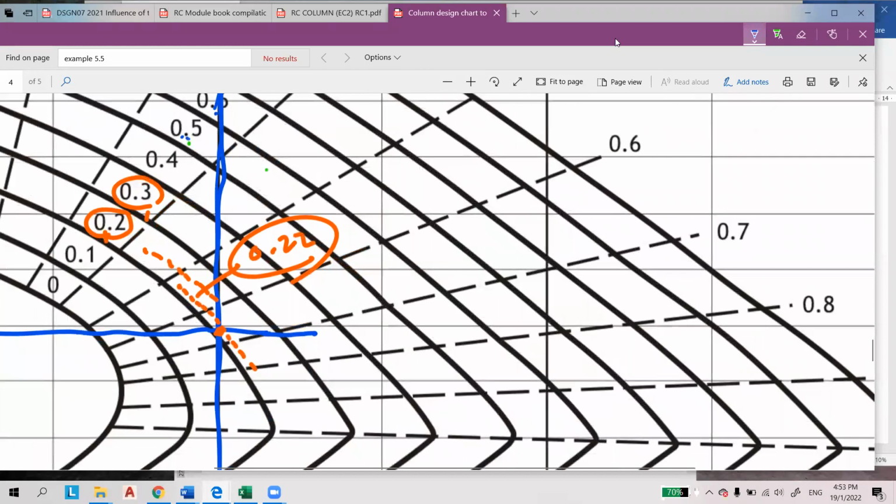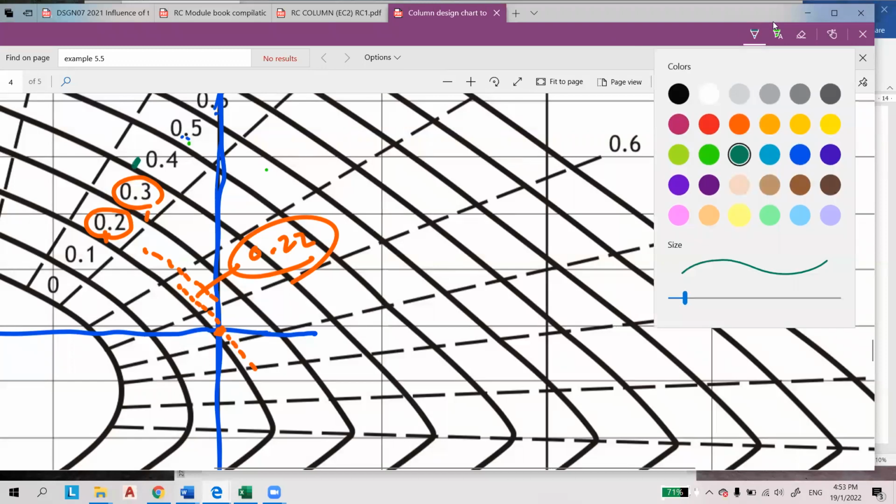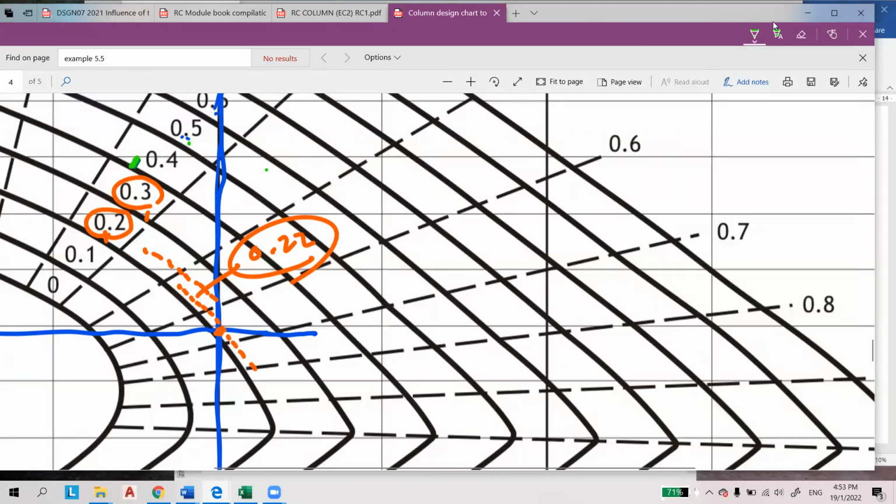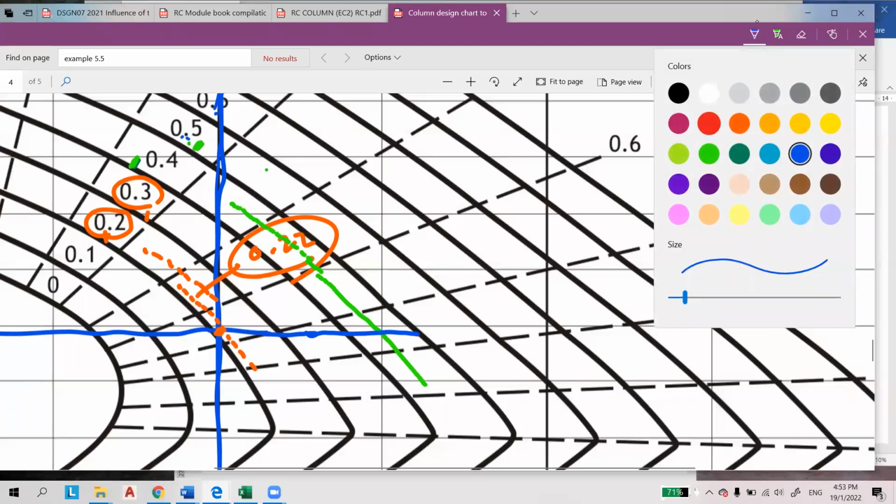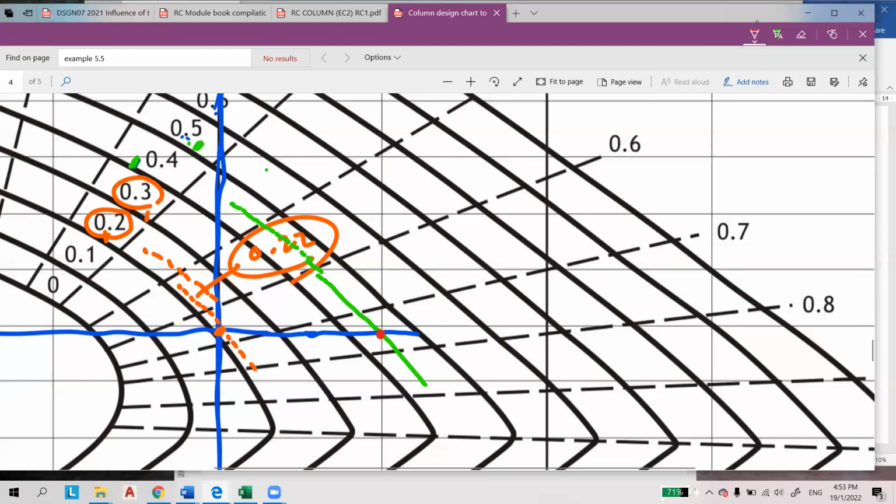This is 0.4, this is 0.5, so 0.44 is here. Then we drag the 0.39 here and find the intersection, which is approximately located here.